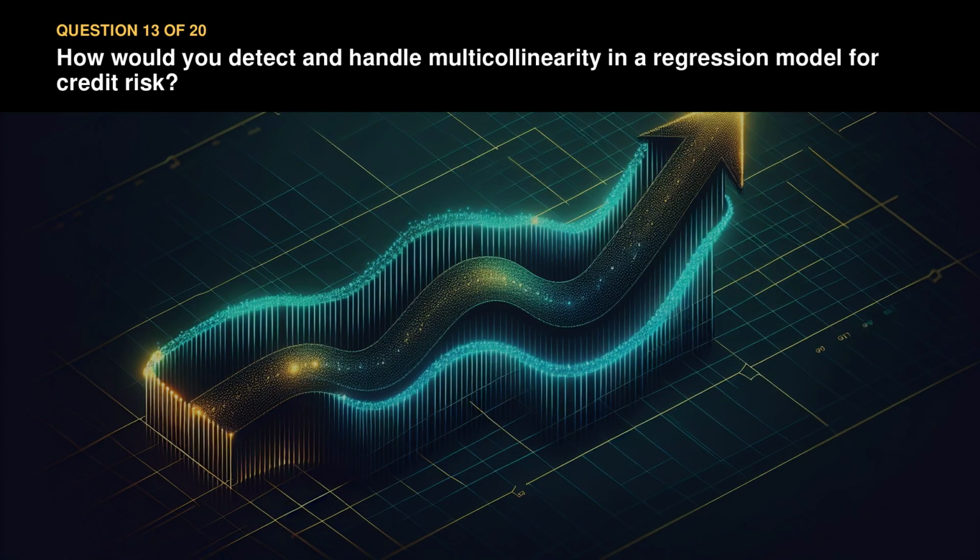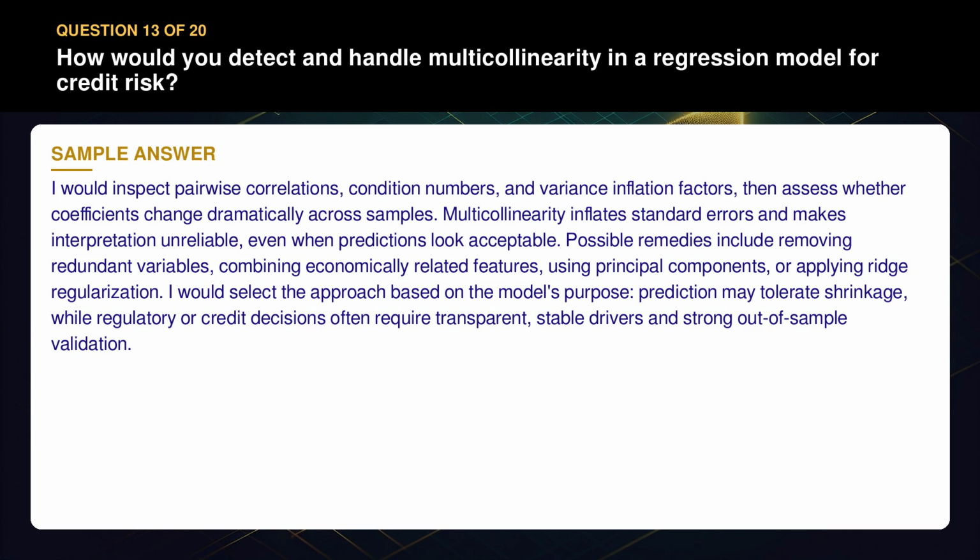Question 13. How would you detect and handle multicollinearity in a regression model for credit risk? I would inspect pairwise correlations, condition numbers, and variance inflation factors, then assess whether coefficients change dramatically across samples. Multicollinearity inflates standard errors and makes interpretation unreliable, even when predictions look acceptable.